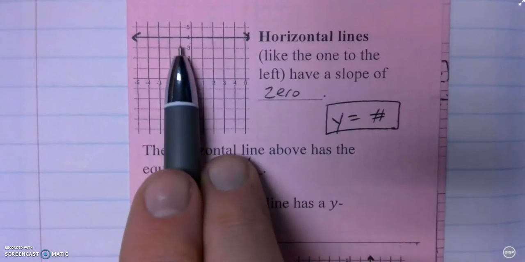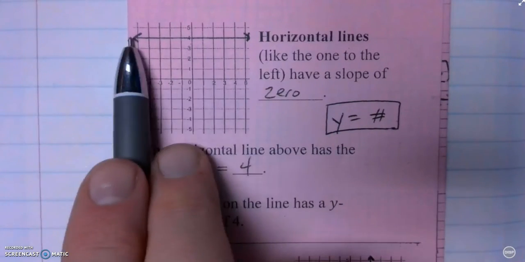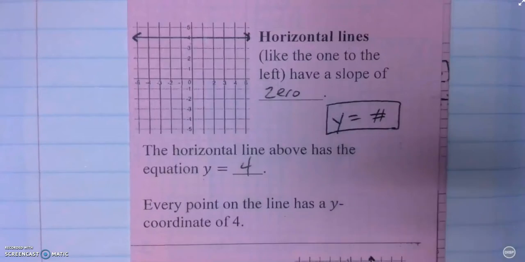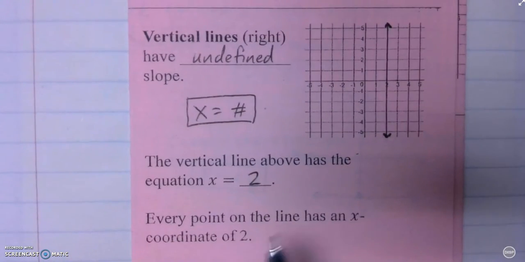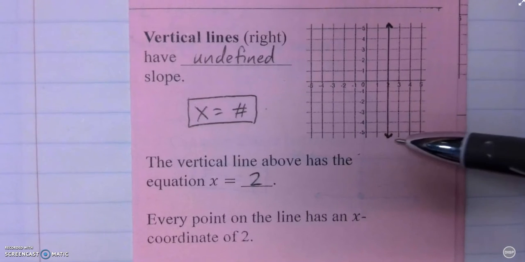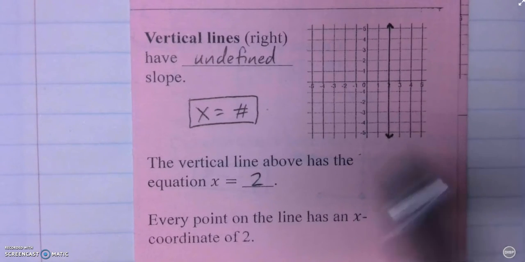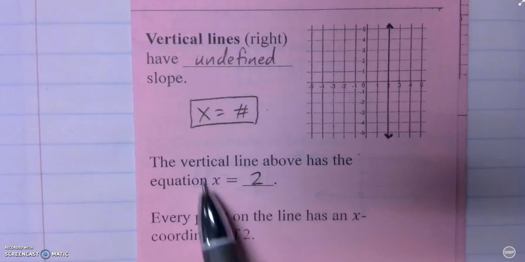This line is y equals 4, where every y coordinate is 4. If you just have an x in your equation, then that number that x equals tells you every x value in the equation. In fact, there's the line we're supposed to graph right there.